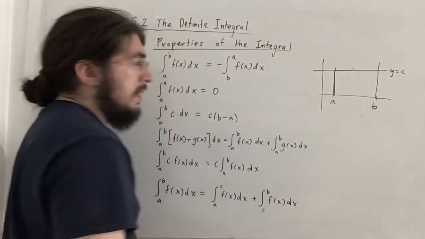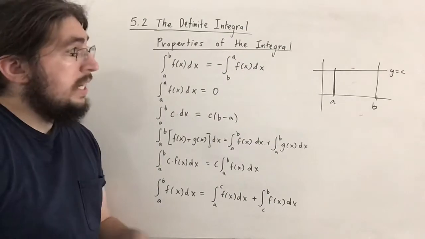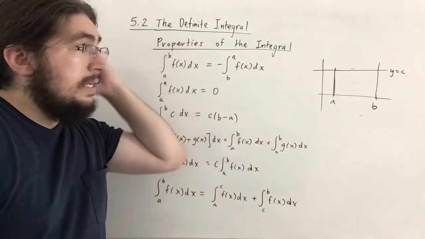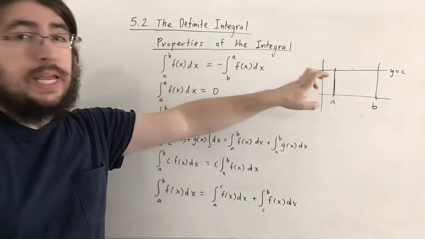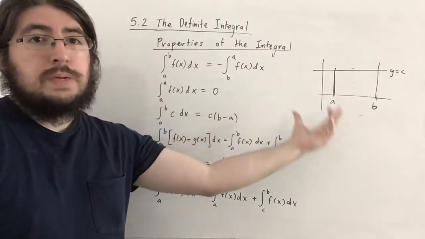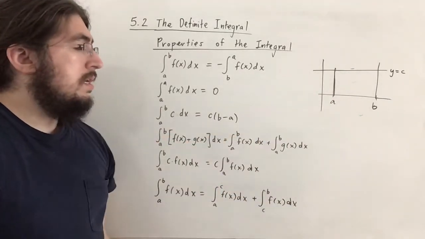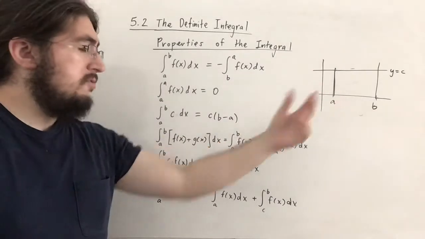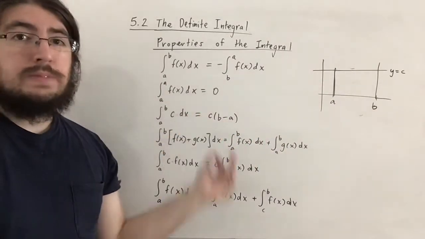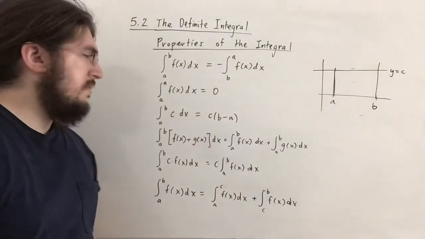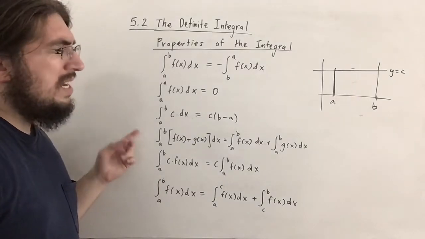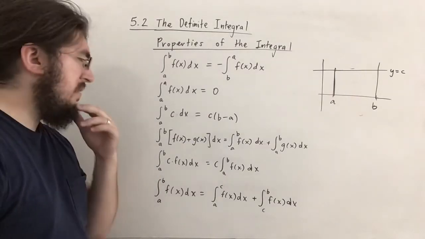So it's like this, so y is just some constant. And notice what we get here is just a rectangle, and its area is literally the height c multiplied by the width, which is b minus a, the distance from a to b. So it's literally just c times b minus a. So that I think is pretty easy to see visually. This next one is not too hard to see visually either.